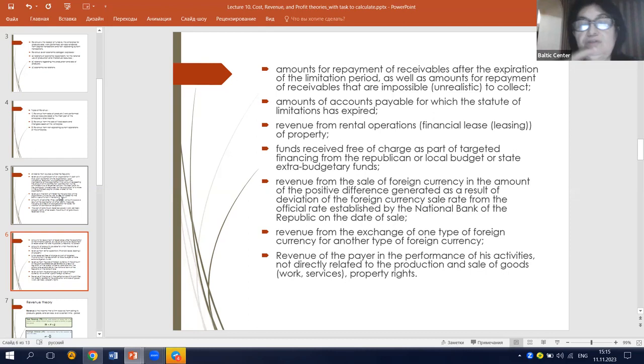So revenue from the rental operations. Rental operations, это арендные, да? So financial leasing of property. Funds received free of charge as part of targeted financing from the Republic and local budget or state extra-budgetary funds.